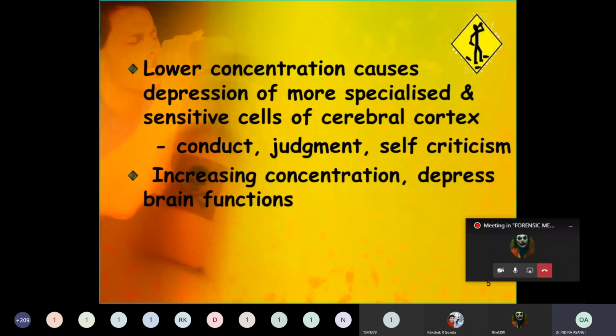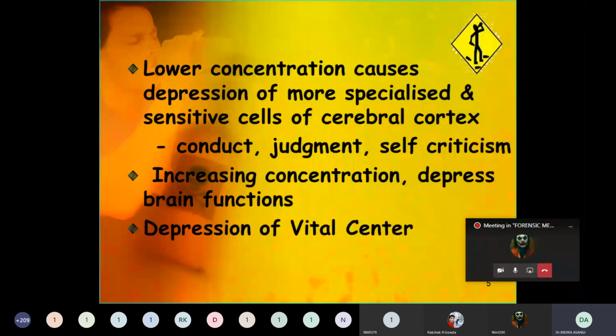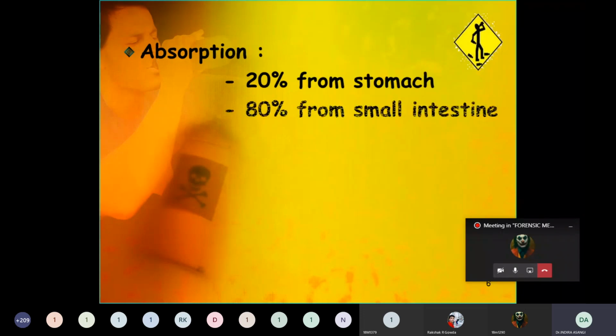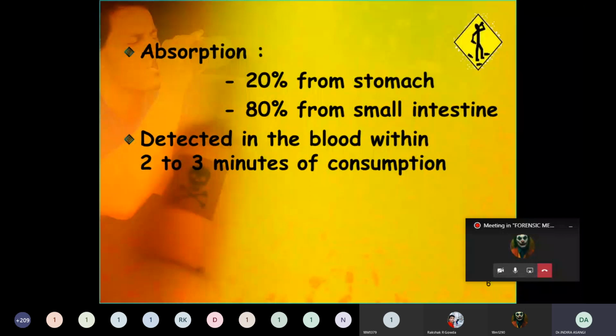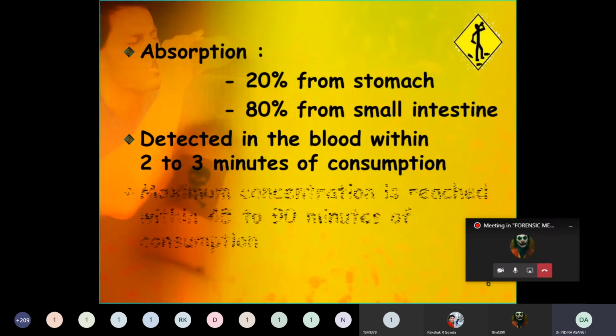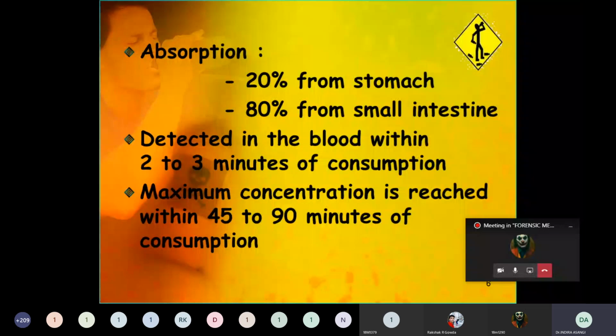With increasing concentration, it causes depression of the brain functions and also of the vital centers. As already told, absorption is 20% from the stomach and 80% from the small intestine. It is detected in the blood within 2 to 3 minutes of consumption, and the maximum concentration is reached within 45 to 90 minutes of consumption.